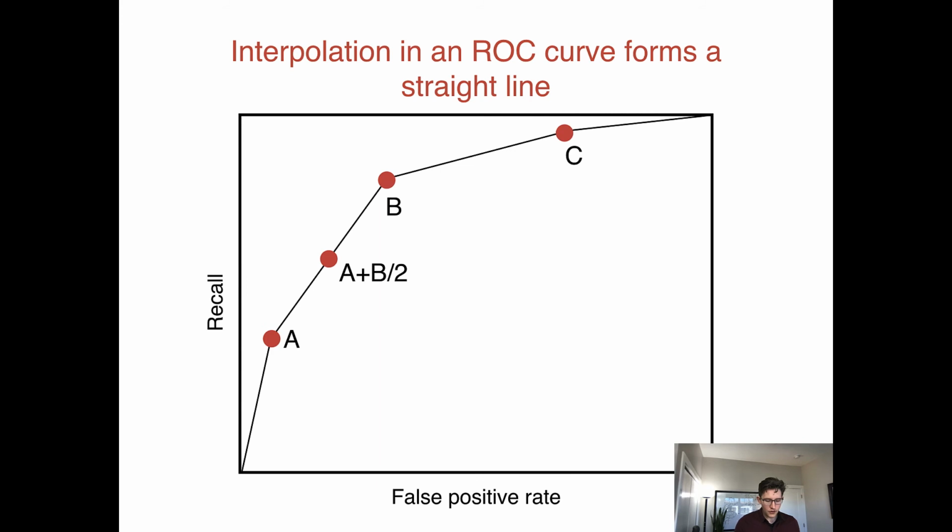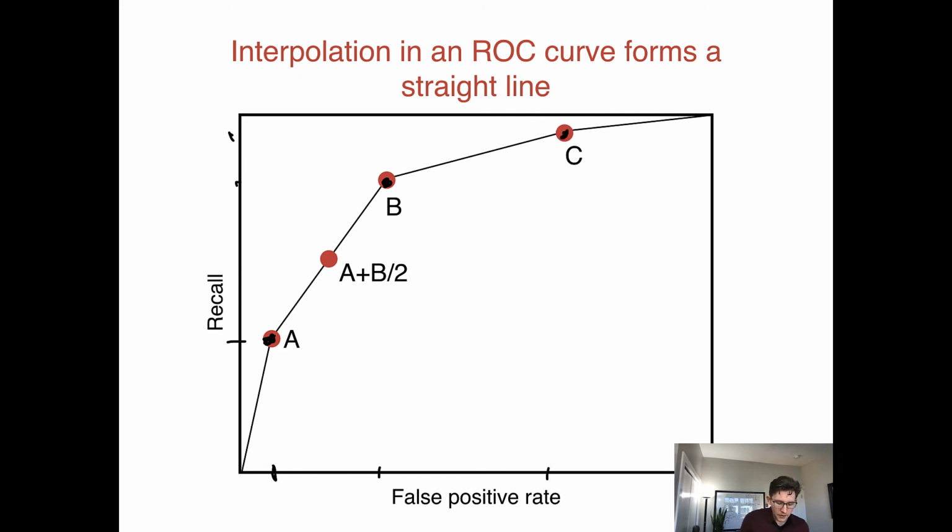So in particular, let's draw this as an ROC curve. If I draw what I just showed on the last slide as an ROC curve, we end up with a curve with basically 4 points, right? If we make just A our prediction set, we get this point here, a specific false positive rate and a specific recall. Likewise for B and C and so on.